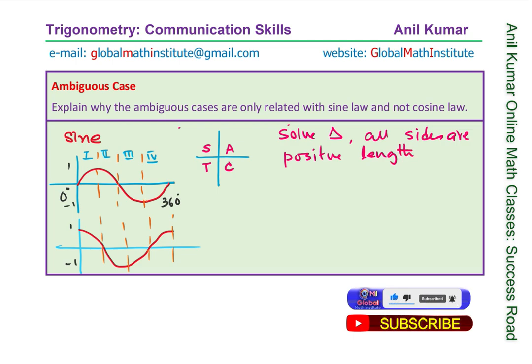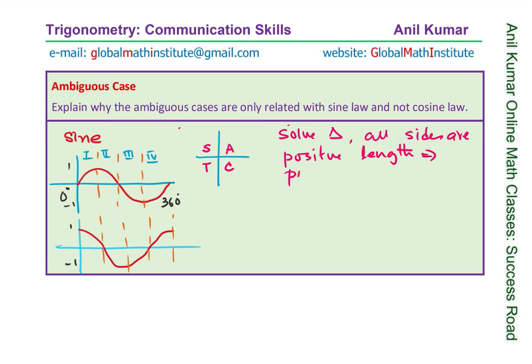So when all sides are positive length, what we are looking for is possible angles.